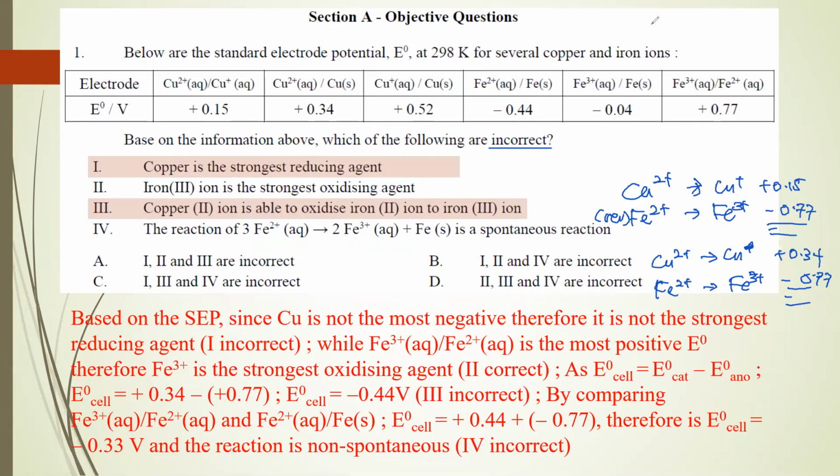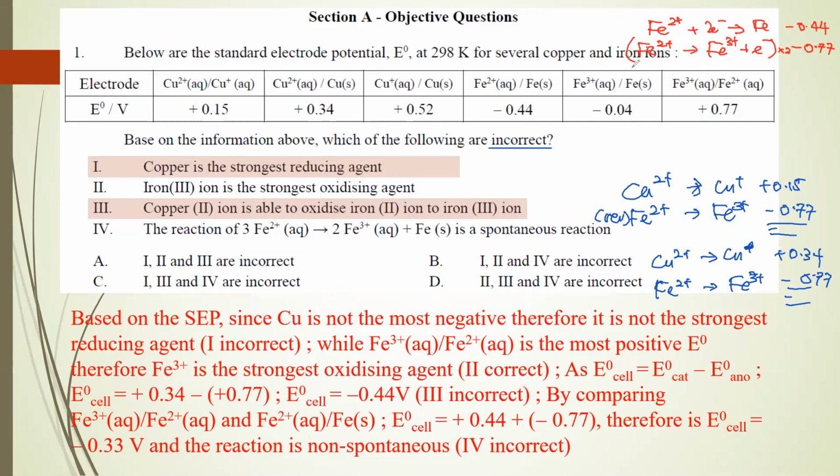So it's Fe2+ plus 2 e minus gives Fe, E0 is negative 0.44. And then Fe2+ gives Fe3+ plus e minus, so negative 0.77. So this one, the whole thing is multiplied by 2.